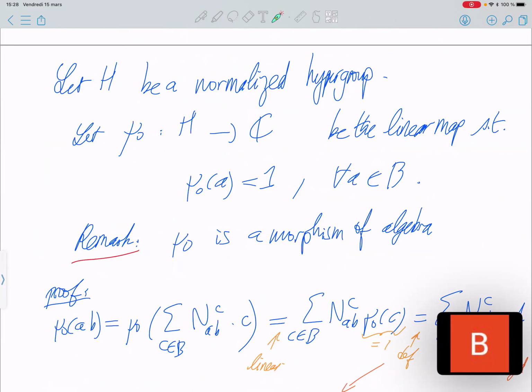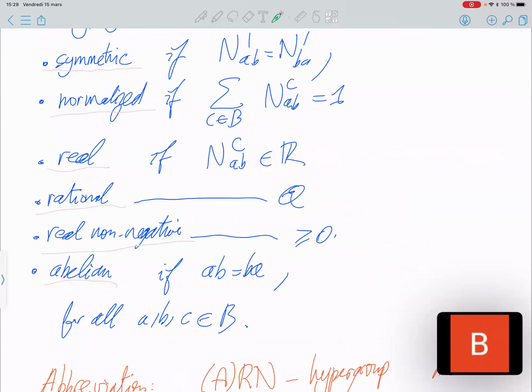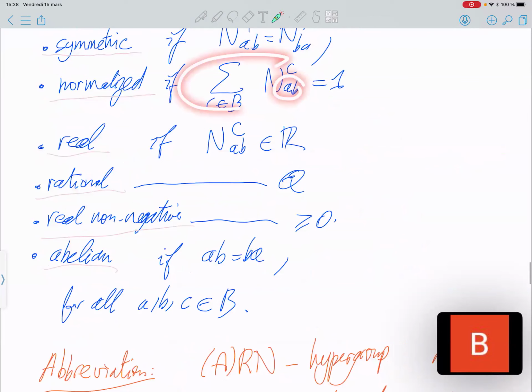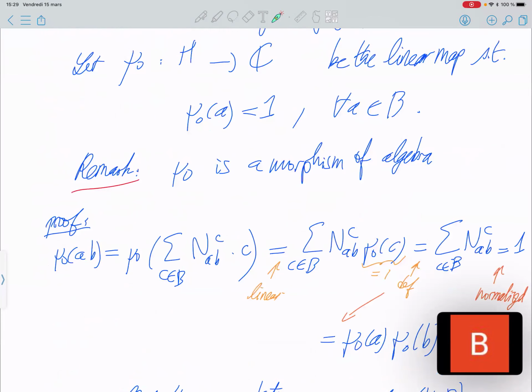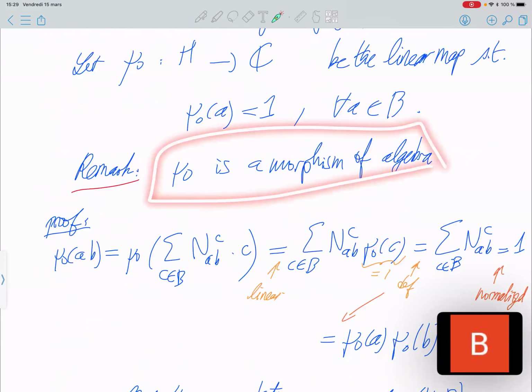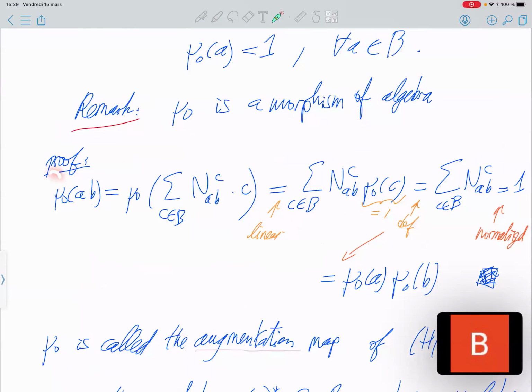Okay. So you consider a normalized hypergroup. So this sum over C is equal to 1 for all A, B. And you consider this linear mapping every standard element to 1. And we saw yesterday that this is in fact a linear map, but it's an algebra map for some trivial reason, explained here.